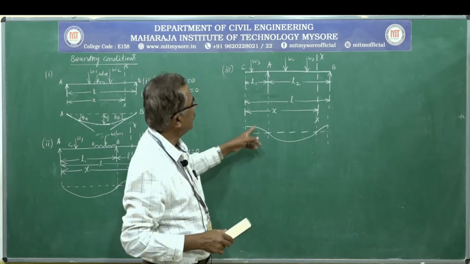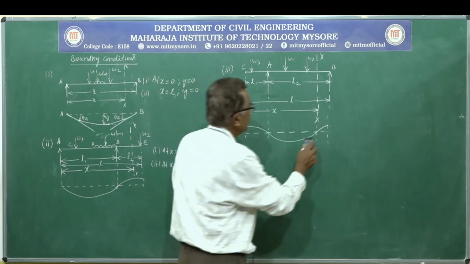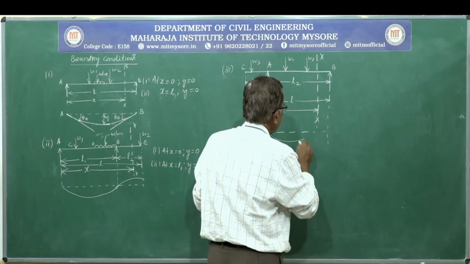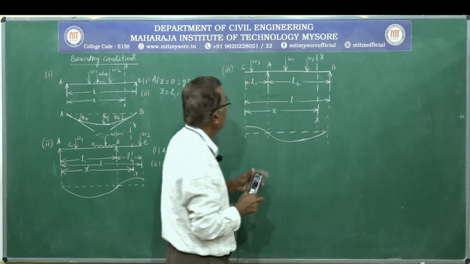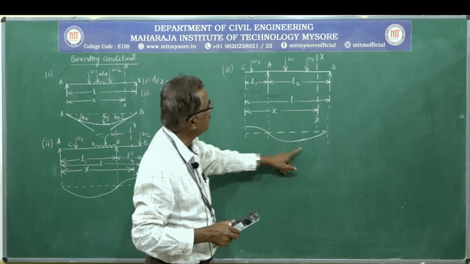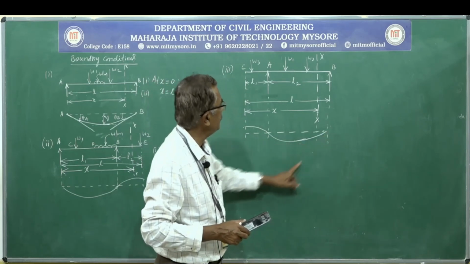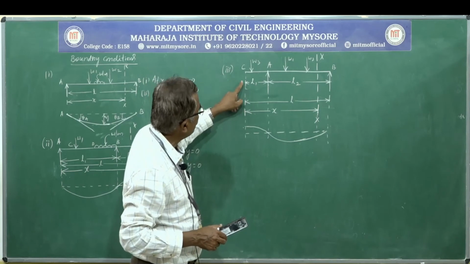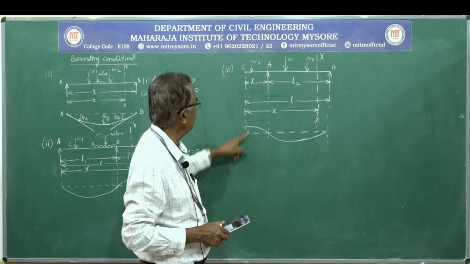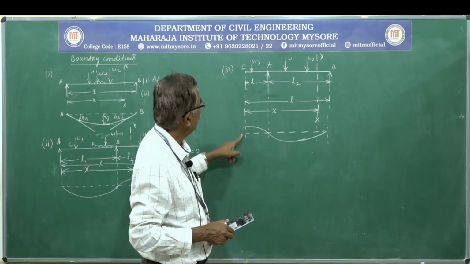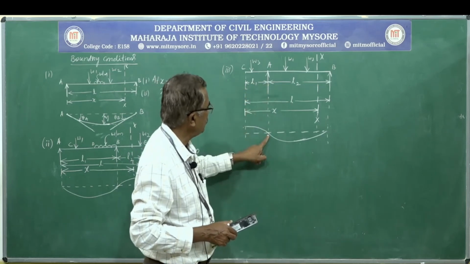Displacement is 0 at L1 and displacement is 0 at the other support. At x is equal to 0, y is not equal to 0, displacement is not 0. Then where is displacement 0? When x is equal to L1, y is equal to 0.